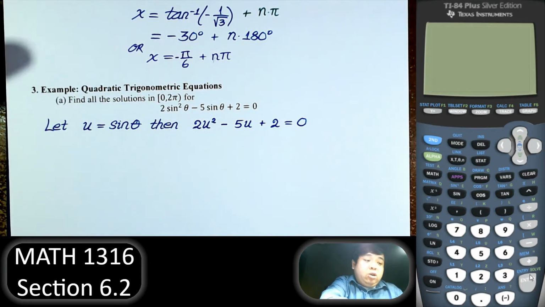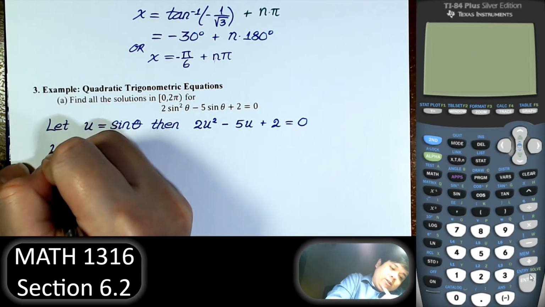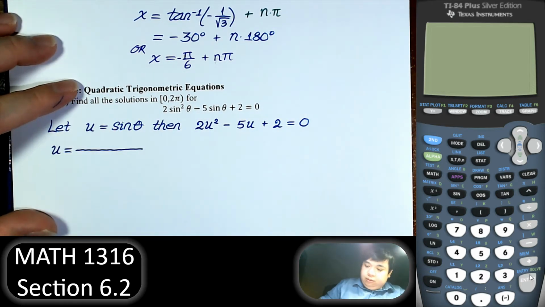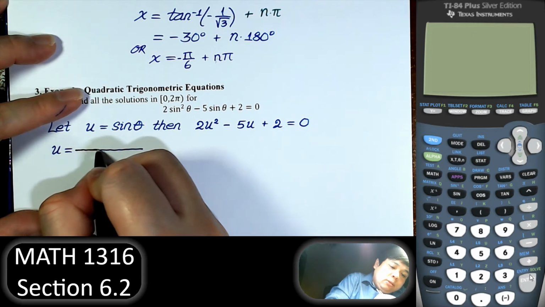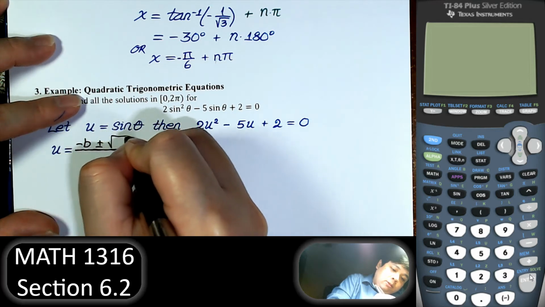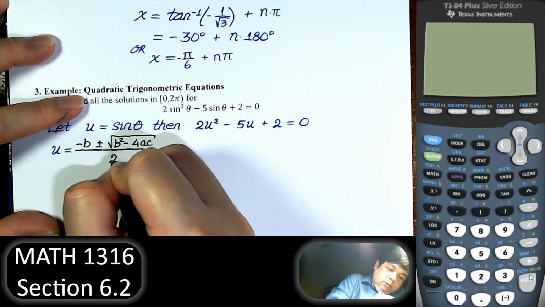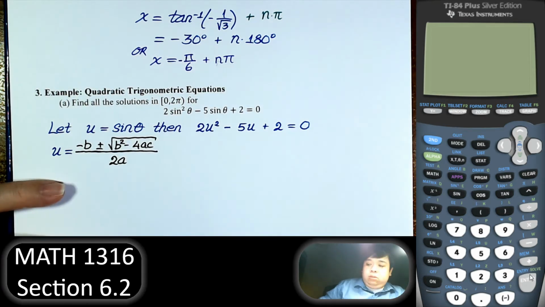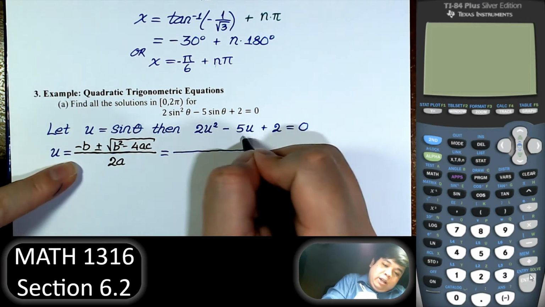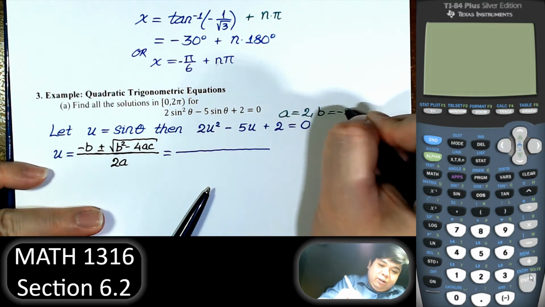This is a quadratic equation, so I use the quadratic formula. So negative b, just right, a is 2, b is negative 5, and c is 2.